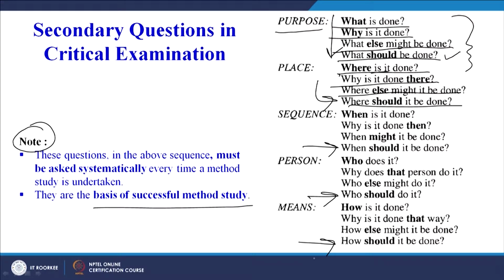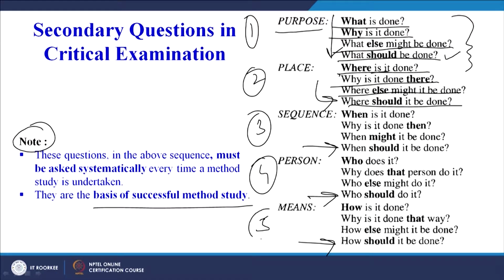So these are the final questions which are leading us towards the better method of doing the job. So sequence, when is it done, why is it done, when might it be done. So from all 5 points, purpose, place, sequence, person and means, that is how it is done, why is it done that way, how else might it be done, how should it be done.